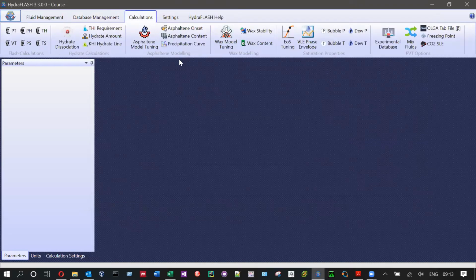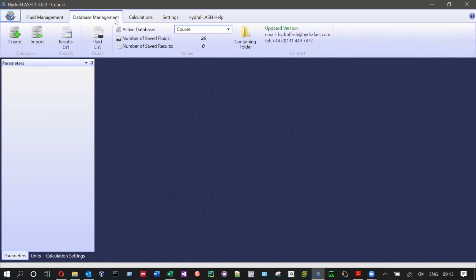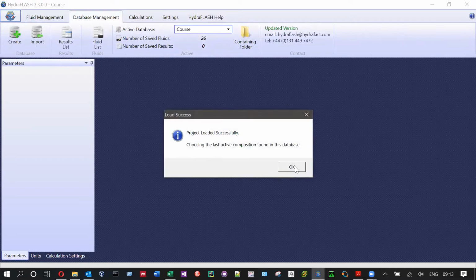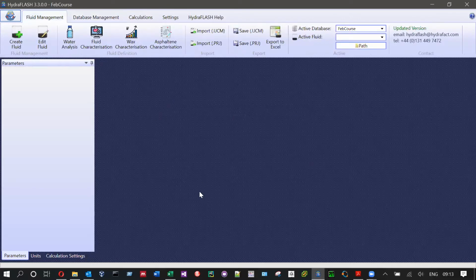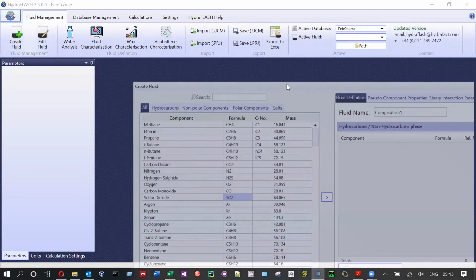First of all, let's get back to the case study. I need to create the composition of the reservoir fluid. So let me change the active database to the database I just created. To create a composition, I need to go to the Fluid Management tab and then press Create Fluid. Now I have a full list of components in here.